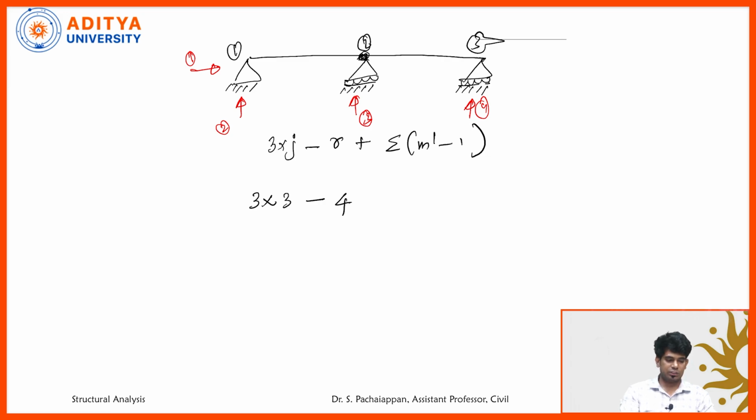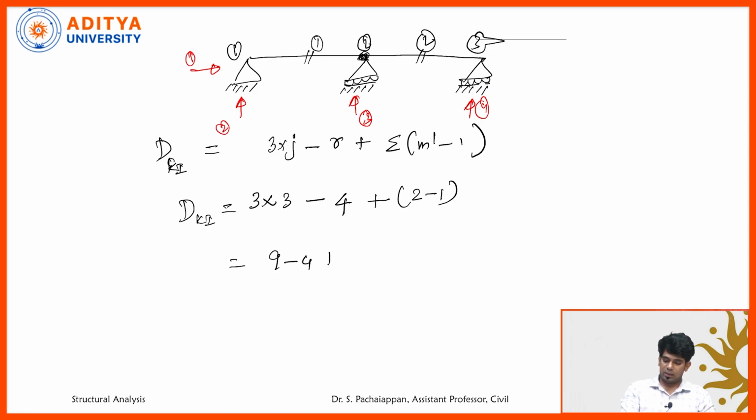4 reaction forces are there here, and then plus summation of (m dash minus 1). Number of members connecting to the internal hinge: member 1, member 2. 2 members are connecting, so this is 2 minus 1. So the degree of kinematic indeterminacy: 9 minus 4 plus 1 will be 6.